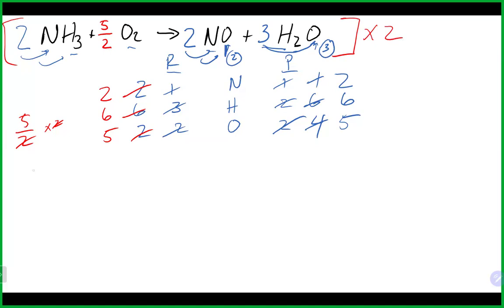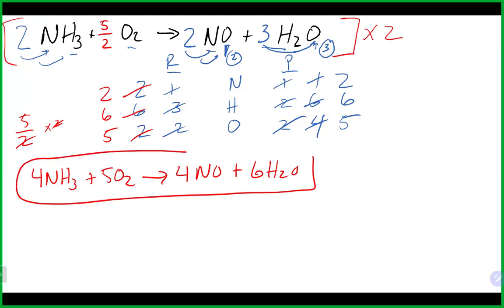If I do that, that's going to give me 4NH3, and 5O2 goes to 4NO plus 6H2O. And if I did not screw this up, there's a 50-50 chance, we should still be balanced at this point. So let's see. We now have 4 nitrogens on the left.